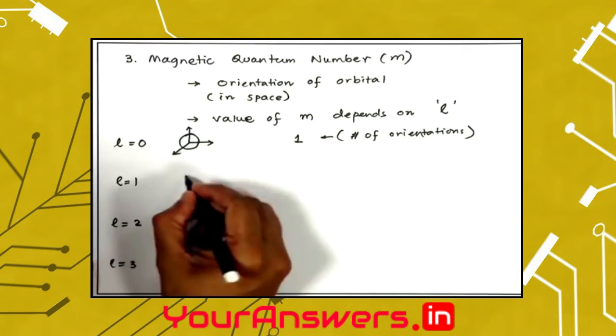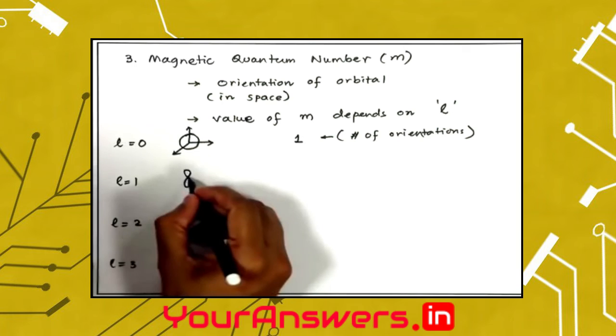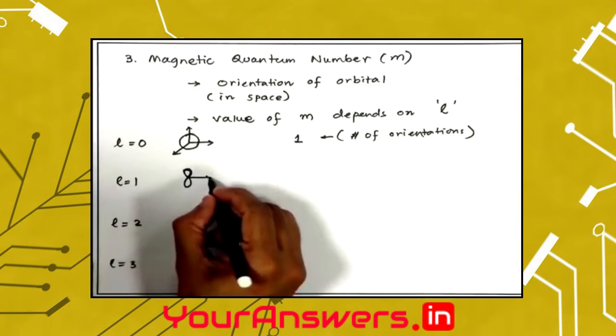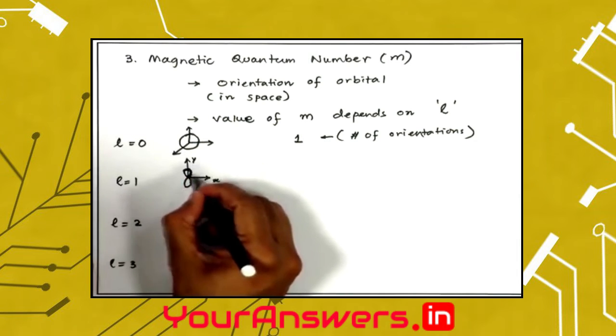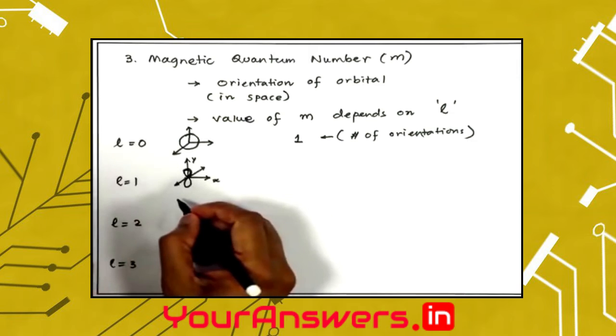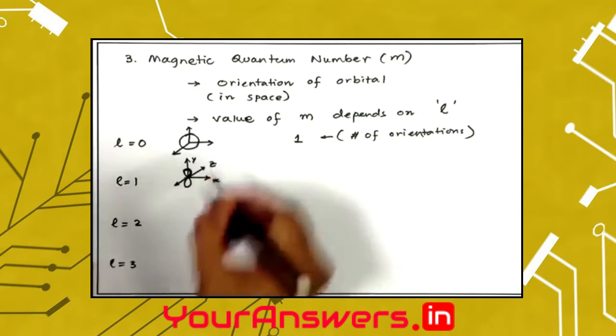What about the p orbital? A p orbital looks like a dumbbell, so it has 2 lobes. If I draw my Cartesian axis, I can have this as x, this as y, and above and below the plane of paper, let us call that z.